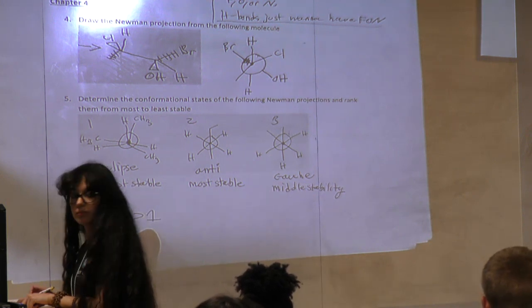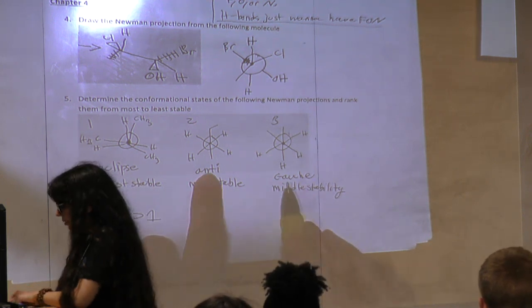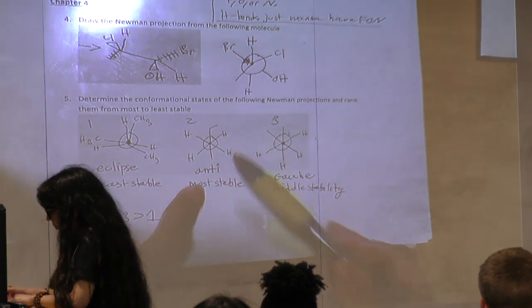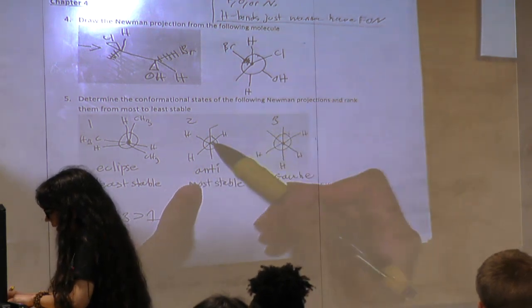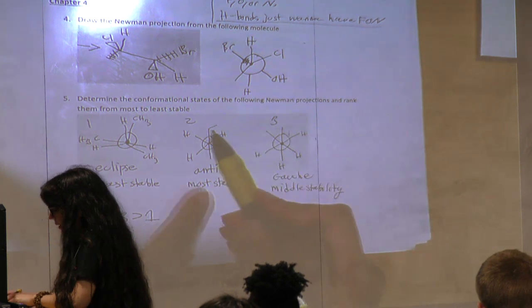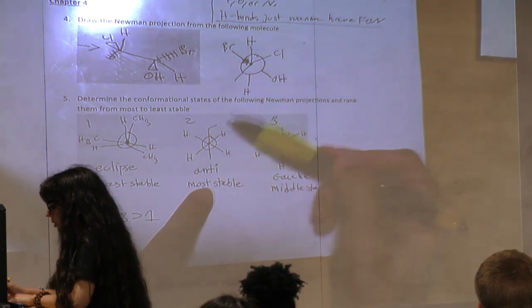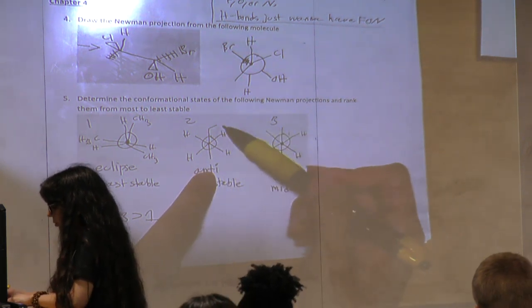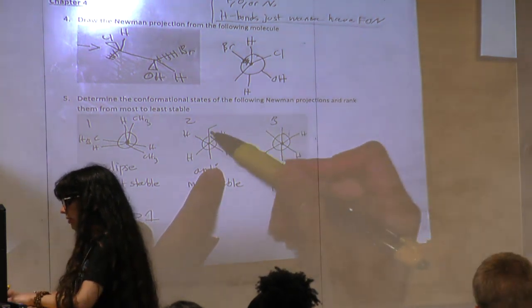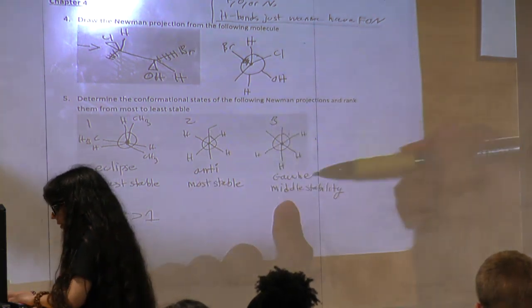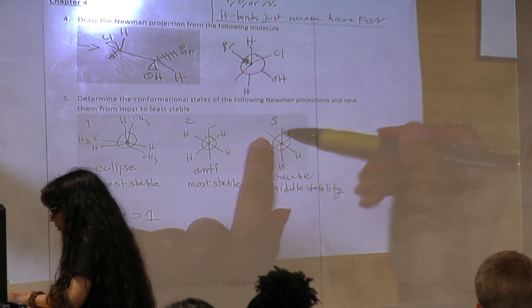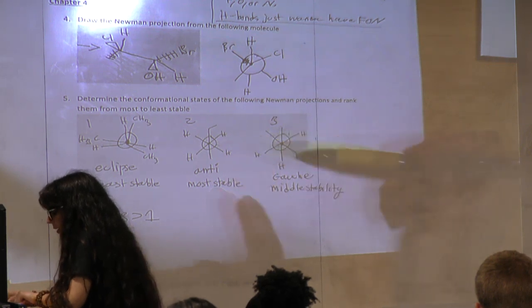What's the difference between anti and gauche? Over here we see that we have a methyl pointing down and an ethyl pointing up. And they're anti to each other. And these are our most electronegative atoms in the molecule. So that makes it very stable that they're pointing away. Whereas with gauche, they're kind of far from each other, but they're not as far as anti.